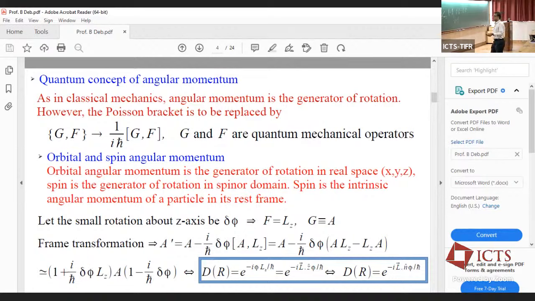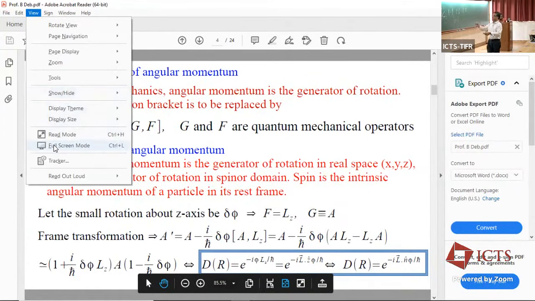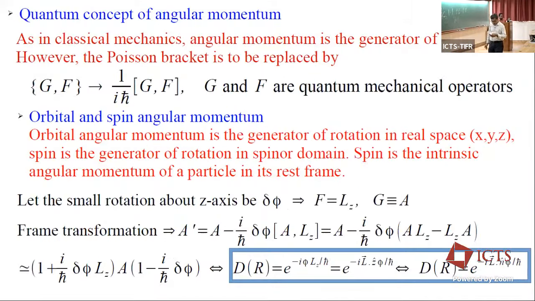In the case of Lz, it is like this. So in general, if you consider any direction in space, a unit vector n in any direction, then the rotation matrix is given by e to the power of this, where L becomes a matrix.